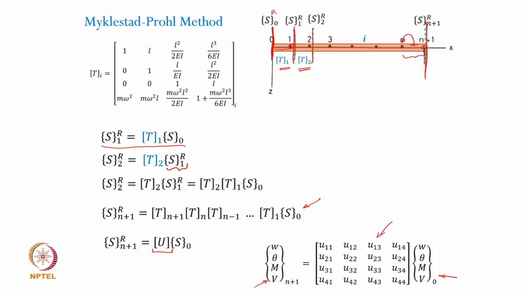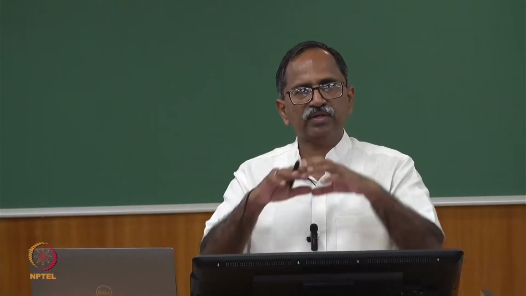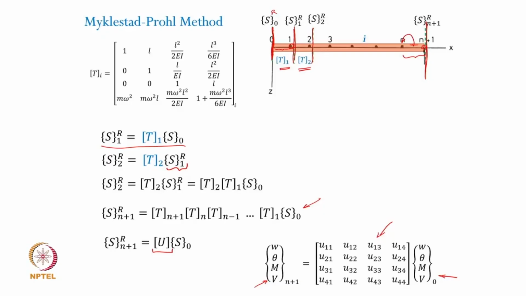And the way we did it for the previous case of the Holzer method, now the job will be to set up a frequency equation, right? This is the process that we get irrespective of whether the beam is a cantilever or simply supported or fixed-fixed. We never put any restriction on this because the deflection and slopes and all the parameters pertain to a generic deflected beam.